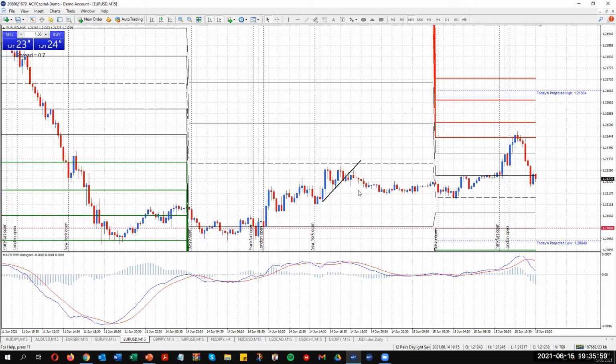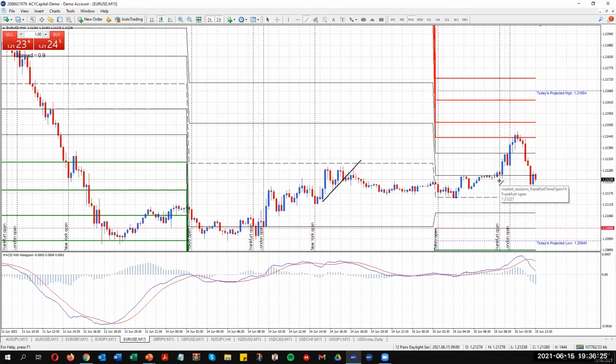Now, we did have a little bit of a setup here yesterday, but in terms of today, we know it's in a downtrend. So we're looking for an opportunity to sell if we can find one. Now, it has been in the sell zone of the pivots. So high up in the pivots for a sell is ideal. And then we need to draw in the most immediate broken support trend line to see if we've had a setup form.